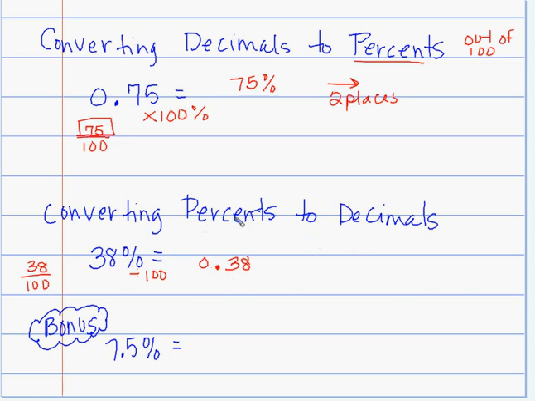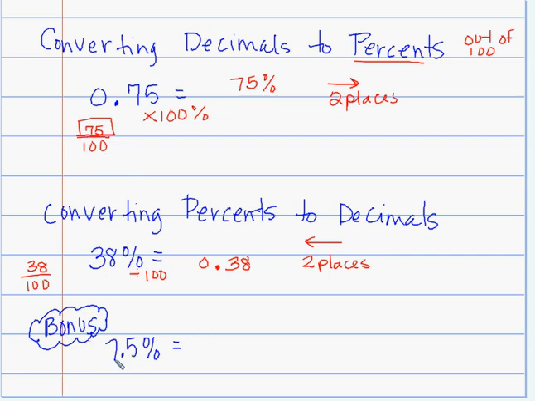When you're going from percent to decimal, since we're dividing by 100, we can go 2 places to the left with the decimal. Okay, so until you're really comfortable with memorizing that decimal to percent is 2 places to the right and percent to decimal is 2 places to the left, you might want to take that intermediate step and make that fraction first. Then you'll see, especially if it's out of 100.